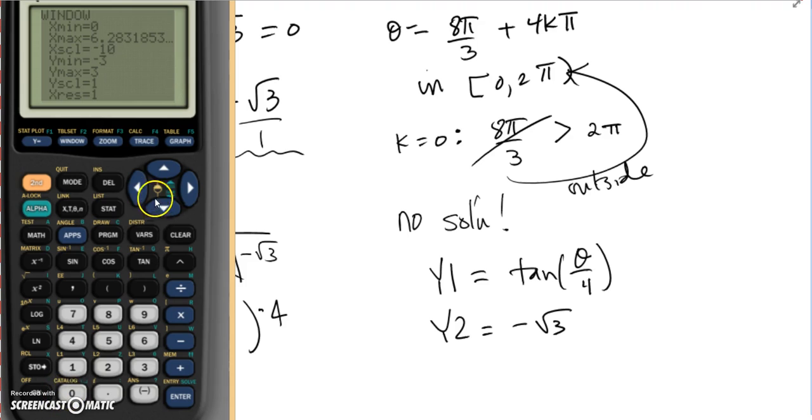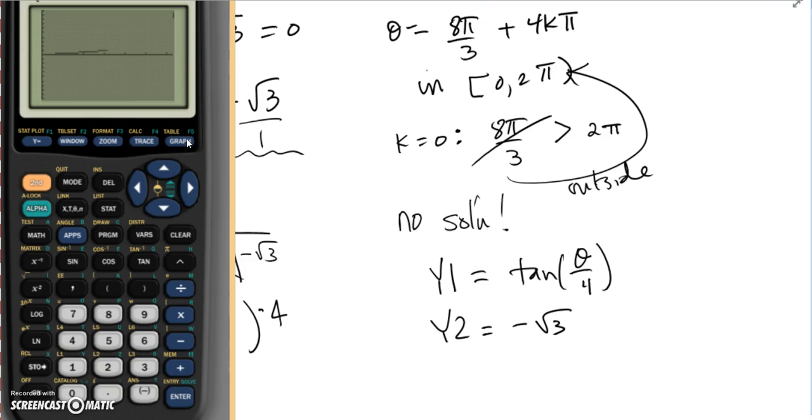We know the tangent function goes off to infinity and negative infinity. Let me make sure that x scale is 1. So y min is negative 10 to positive 10, and let's look at the graph.